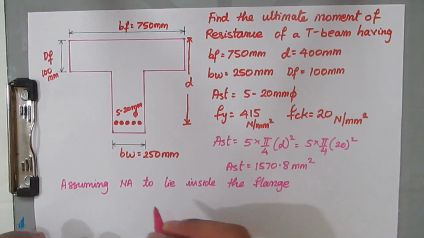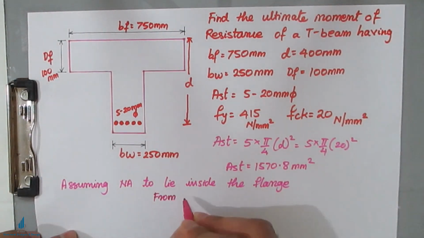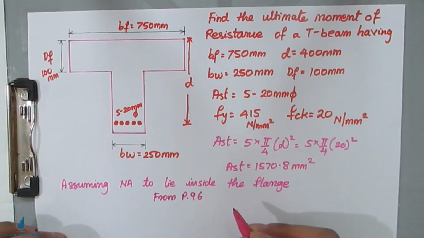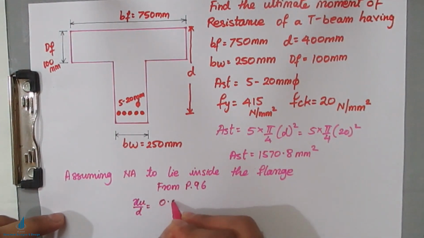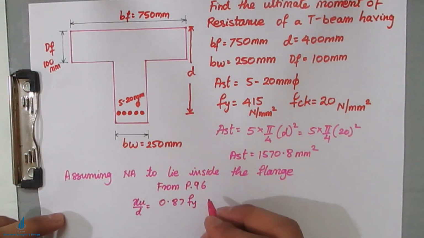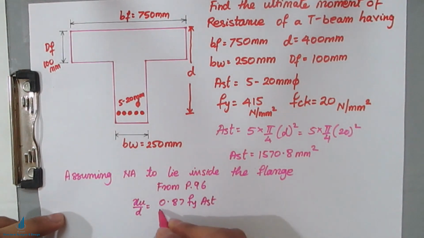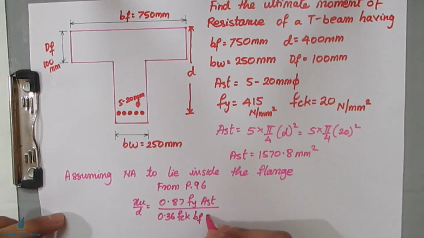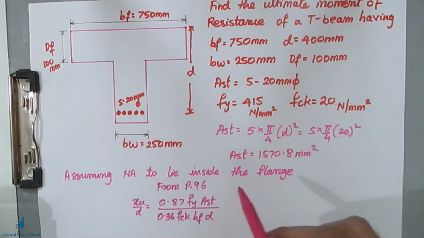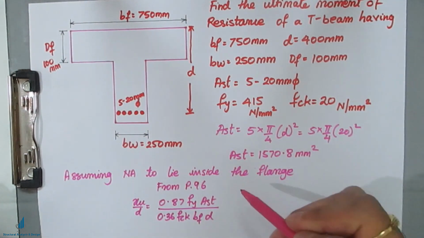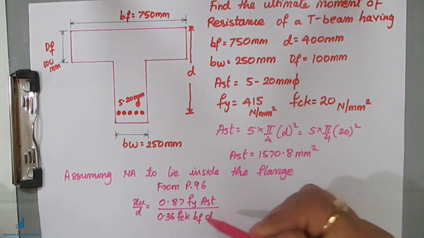So from page number 96, the same formula you have to use, that is XU by D equal to 0.87 Fy AST divided by 0.36 FCK BFD. Only in place of simple B you have to replace it by BF, because you are finding out the neutral axis which lies inside the flange, and the breadth of flange you have to substitute.